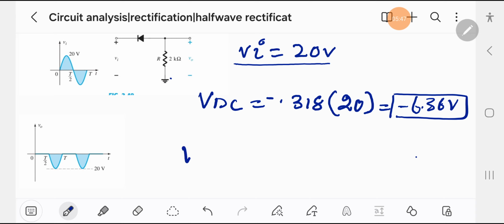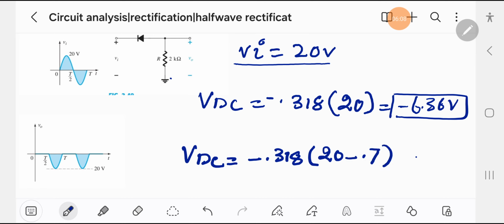When we use a silicon diode, we have an input voltage of 20 volt minus 0.7, which gives minus 6.14 volt.